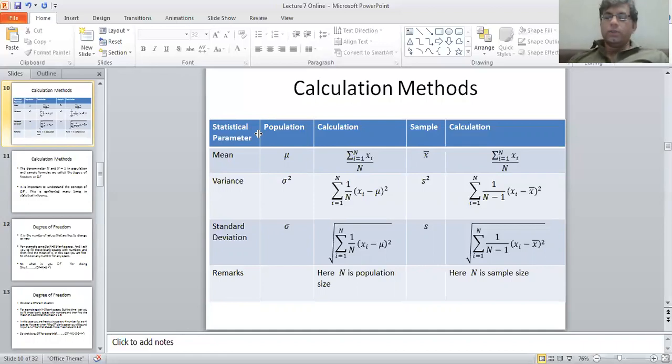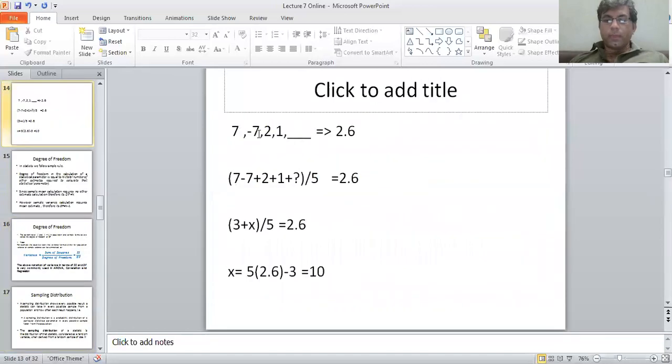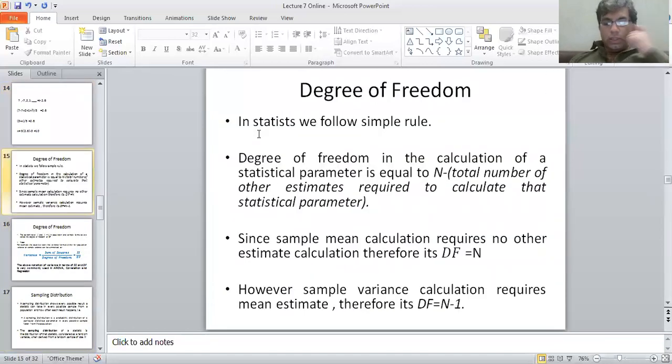Therefore, the degree of freedom for the sample variance is n minus 1, right? If we would have been requiring two estimates to find a particular estimate, then the degree of freedom, or DF as it is often abbreviated, would be n minus 2. And likewise, it goes on. So this is the understanding of degree of freedom.